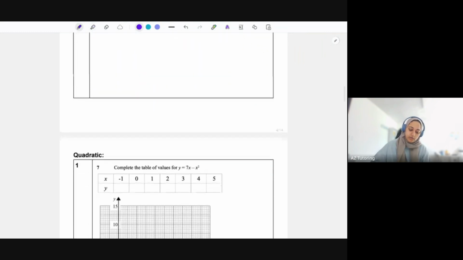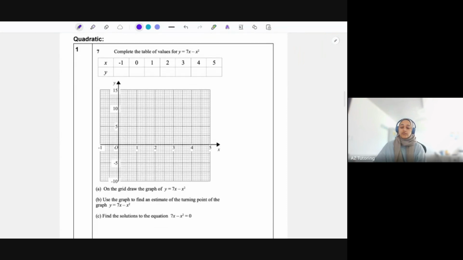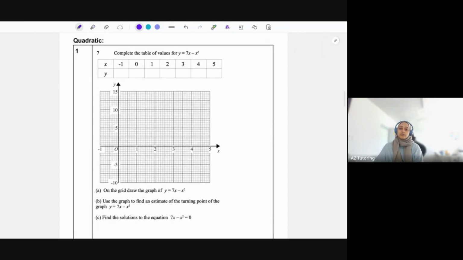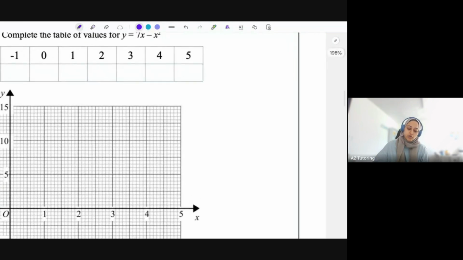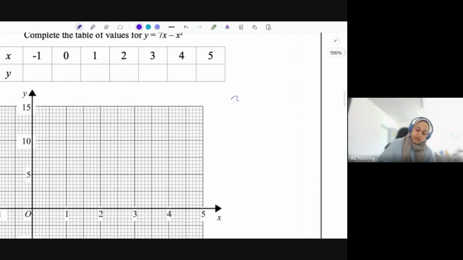Moving on. We're now on to quadratic graphs. So remember, quadratic graphs are U-shaped or N-shaped graphs. Giving you a bit of background about quadratic graphs of the form y equals ax squared plus bx plus c. Remember, quadratic graphs don't have to have these two values, but they have to have x squared in it minimum for it to be a quadratic graph.